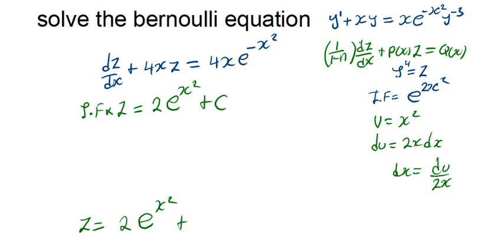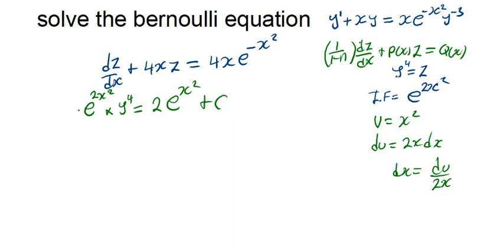And one thing that I can do here is that instead of using z, I can write in terms of y. I've found out that my z is equal to y to the fourth, so I can put y to the fourth here. And my integrating factor, we found e to the 2x squared.